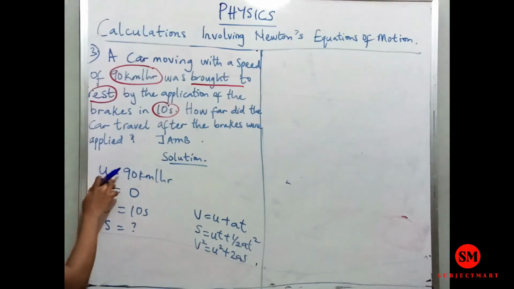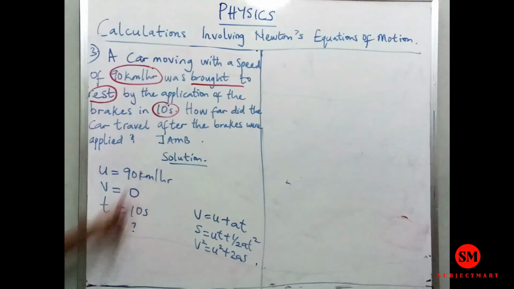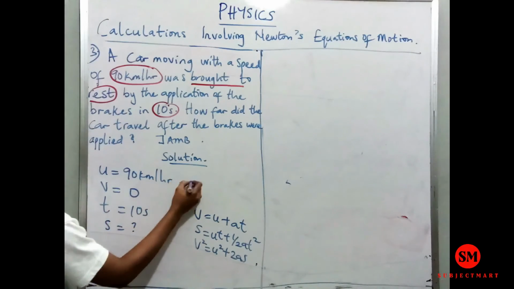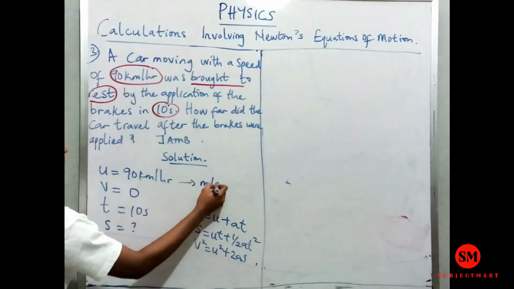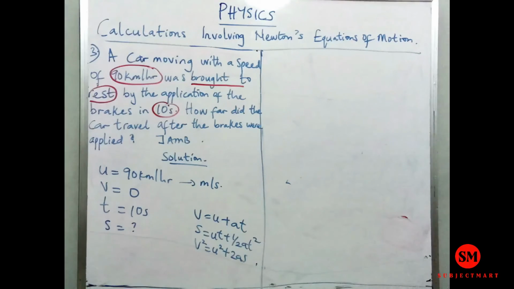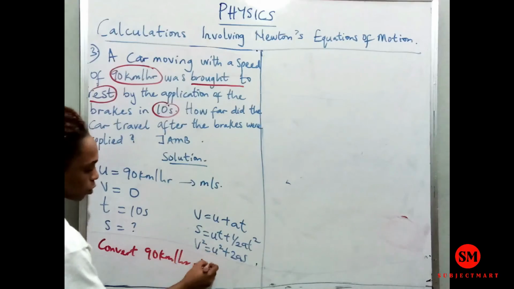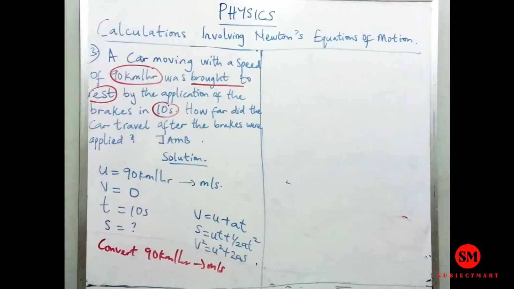Well, here you observe that our initial velocity is in kilometers per hour. So first we need to convert that to meters per second. So convert 90 kilometers per hour to meters per second.